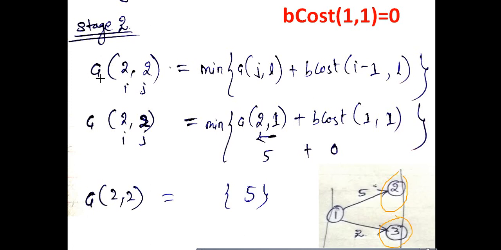So write down here the cost of the second stage, second vertex, and apply the formula.